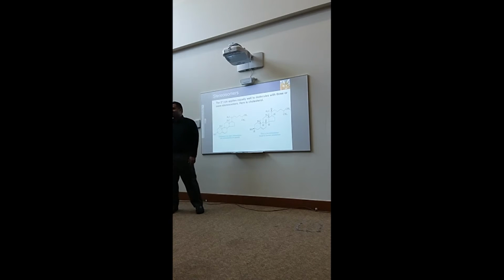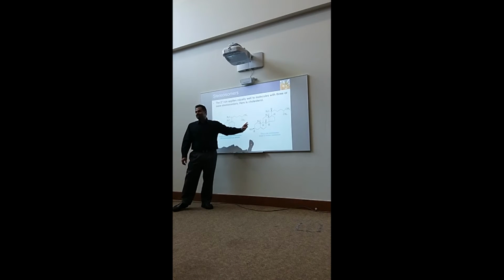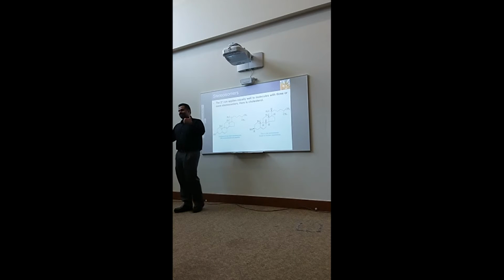Wait a minute, what is that? This specific isomer is the cholesterol that we have as humans. So this is the general structure for cholesterol. But for example, you can have R or S here, R or S here. If I change one of them, it makes it different from the other 256. If you change 2, it'll make it different also, and if you change 3, 4, and so on.